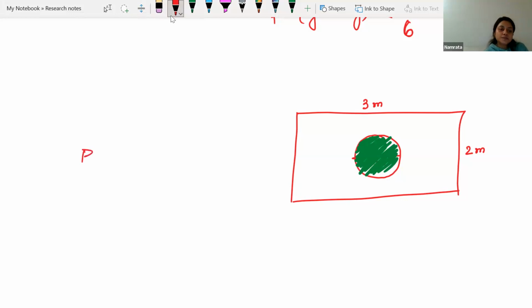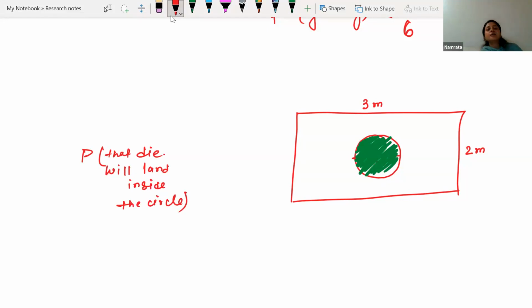So the probability that the die will land inside the circle. Till now you were dealing with the number of balls, number of digits, how many odd numbers, how many even numbers, numbers everywhere.